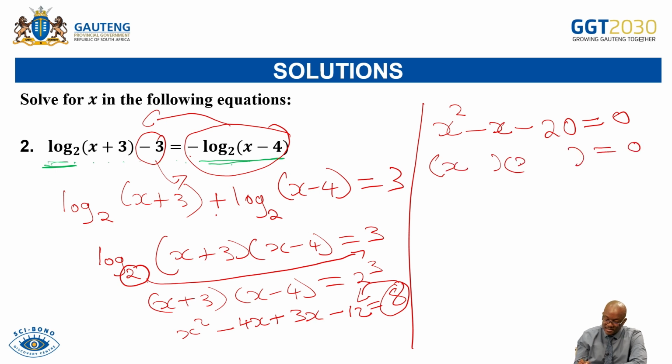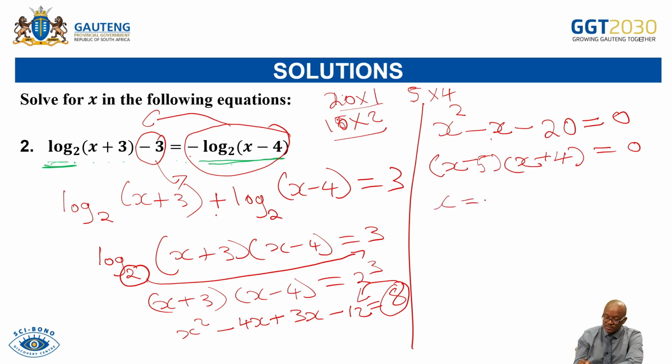So now we are going to factorize that. Then it's x and x. So factors of 20: remember, multiples of 20 are 20 multiplied by 1, or 10 multiplied by 2, or 5 multiplied by 4. You can see that 20 multiplied by 1 and 10 multiplied by 2 don't give us 1, only 5 and 4. So we're going to have 5 and 4, which is positive and negative.